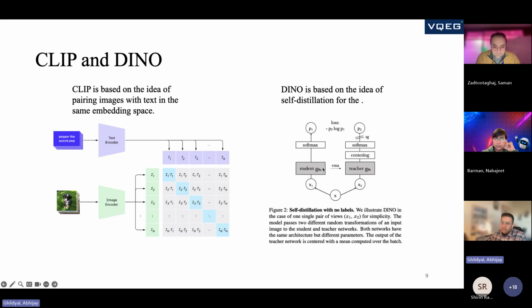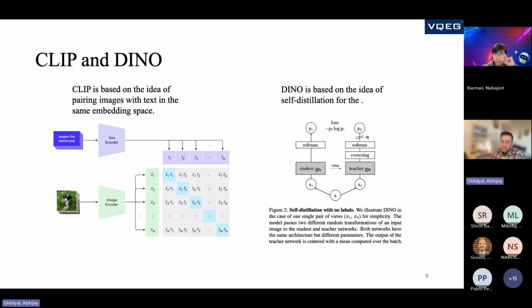DINO V1 was developed by Meta AI for training vision transformers without requiring any labeled data. The primary purpose was to learn visual representations directly from unlabeled images, which enabled the model to perform really well on downstream computer vision tasks.